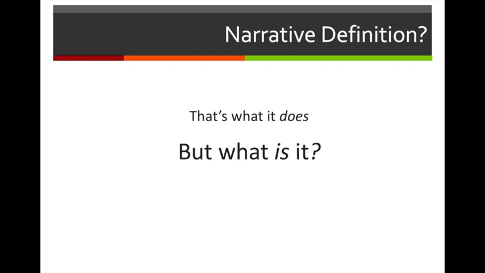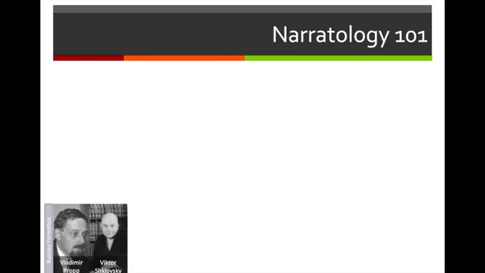But what actually is it? If we were to break it down and look at its constituent parts, what do we have? There's a long history of people studying narratology, and much of it is quite accessible to computer science because it takes a very structuralist view. You have the Russian formalists, people like Vladimir Propp, who looked at common patterns, structures and archetypes in folklore and fairy tales.